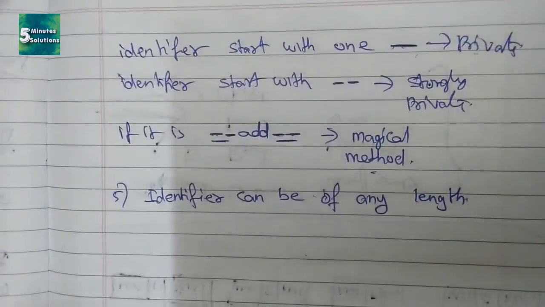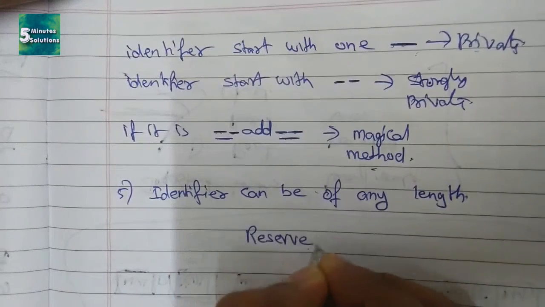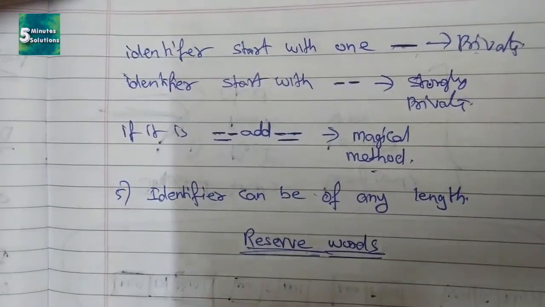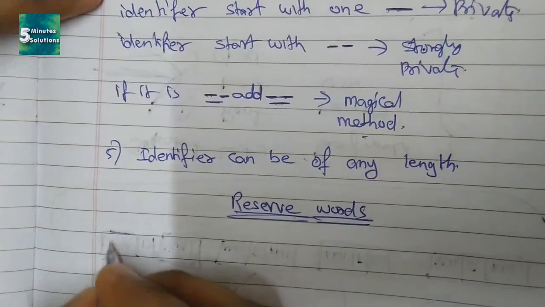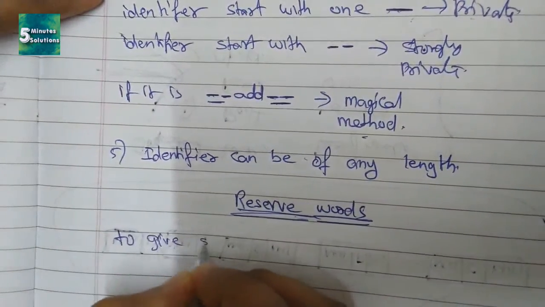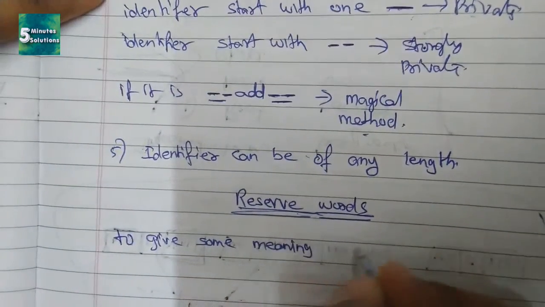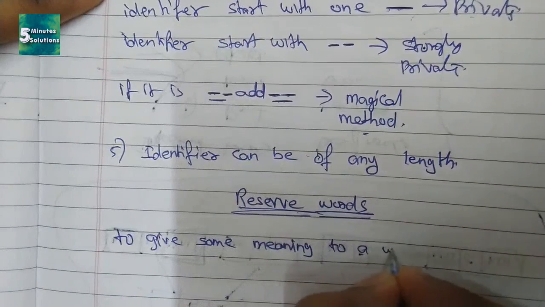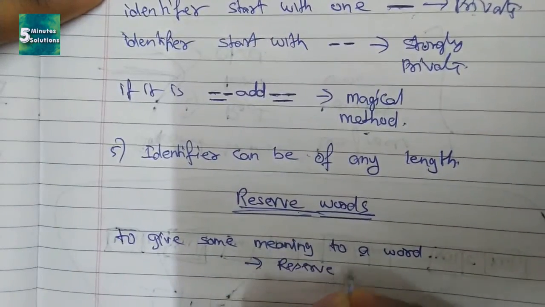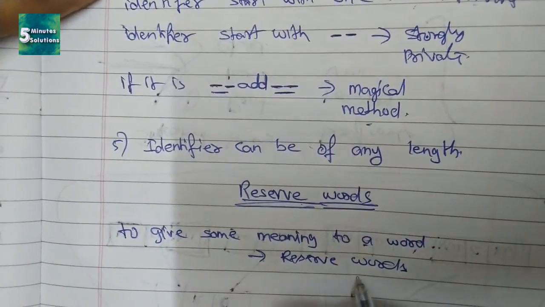Okay. Now let's talk about reserved words. Reserved words are nothing but words to which we want to give some meaning. To give some meaning to a word, we use reserved words.